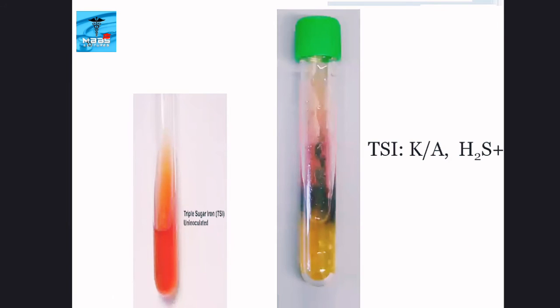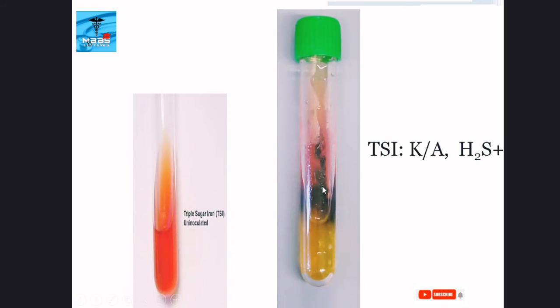Then TSI. In triple sugar iron media we get K/A with H2S production. On the left-hand side we have an uninoculated tube and on the right-hand side the inoculated tube. Here the slant is pink in color, that is, the slant is alkaline, and the butt is yellow in color, that is, acid in nature. So alkaline slant and acid butt.